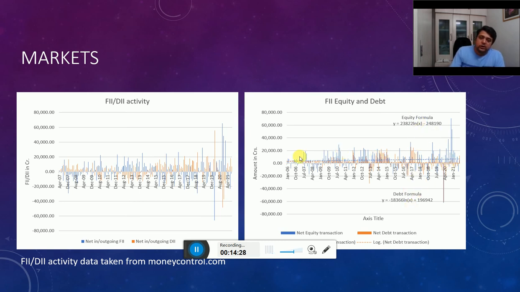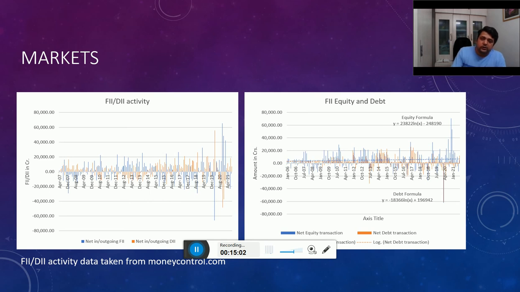So what I did is I have mentioned the formula above and below. If you see from Jan 2006, the FII equity and debt activity up to Jan 2021, which is almost 15 years, again you can see that there are only a handful of instances when the amount has crossed 20,000 crore of investment in equity or debt, or 20,000 crore of exit from the debt or equity market from India.